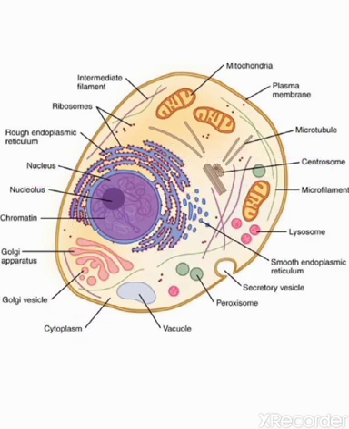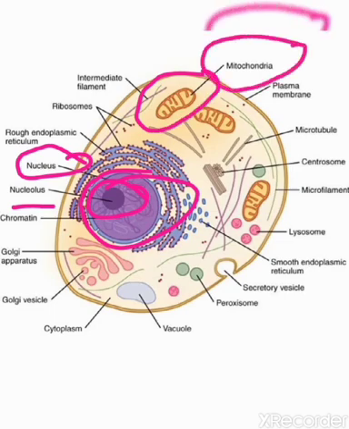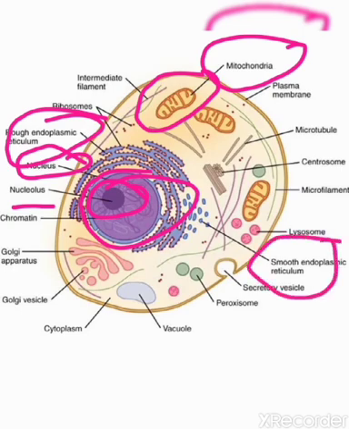So what are the various organelles that are present in the cell? They are the nucleus, nucleolus, mitochondria, you can see the structure of mitochondria, endoplasmic reticulum. There are two types of endoplasmic reticulum. One is rough endoplasmic reticulum and the other one is smooth endoplasmic reticulum. Ribosomes, see here it is ribosomes.